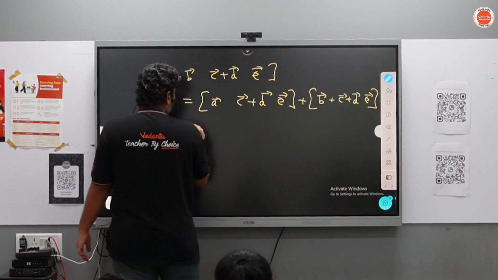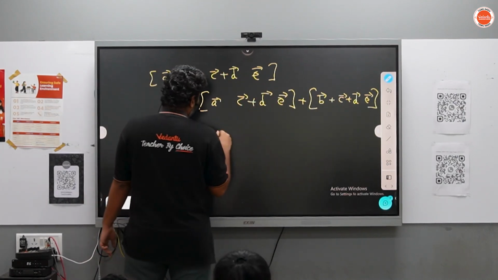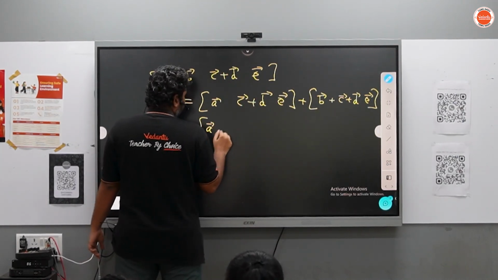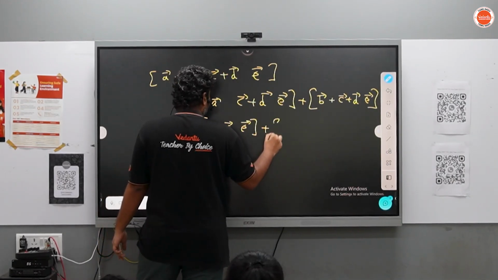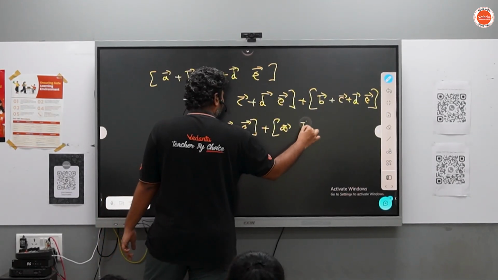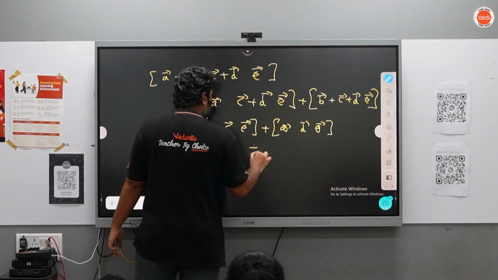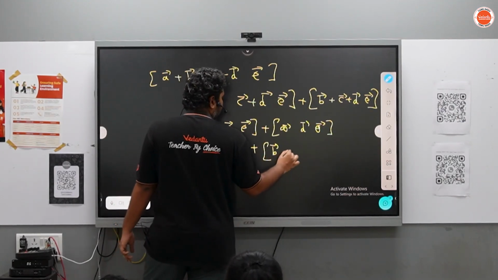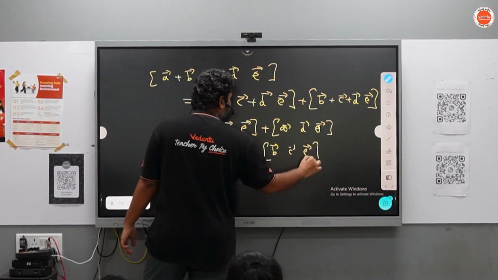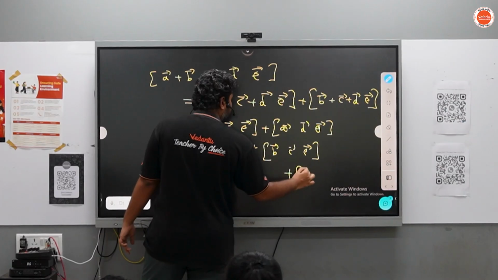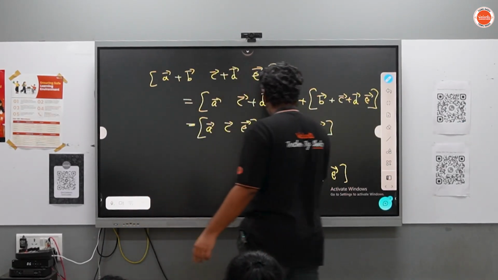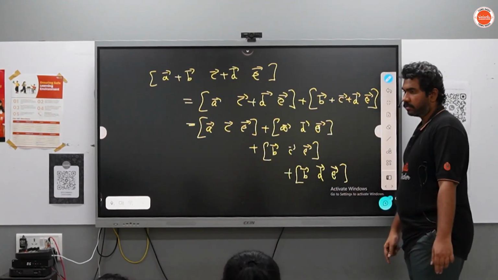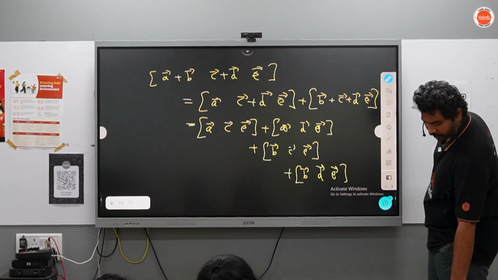Now you split the second row, expand the second row: A vector, C vector, E vector plus A vector, D vector, E vector plus B vector, C vector, E vector plus B vector, D vector, E vector. So we have 4 box products, same as the determinants.